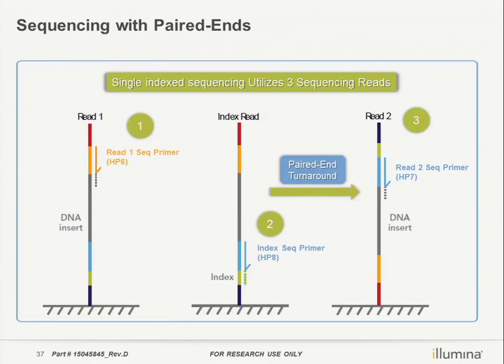So what you do is similar. We have the read one sequencing primer applied to the template during the cluster generation, and then we will sequence the read one. So you do cycle 1, 2, 3, 4, whatever. Okay. After the read one is sequenced, it will wash away this newly synthesized molecule, and then you will have the index one sequencing primer bind, and then we will sequence the index one.